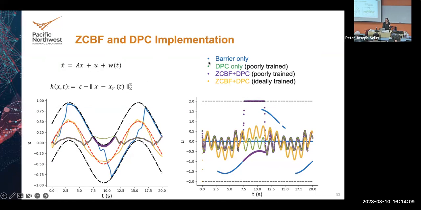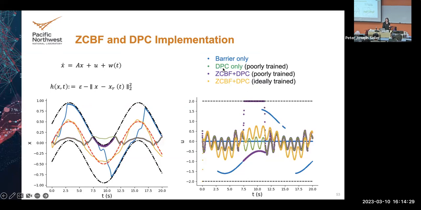So if you do control barrier function only, you make sure that the state of the system stays within, but this is the kind of results that you can get. It's not really tracking this set point very well.